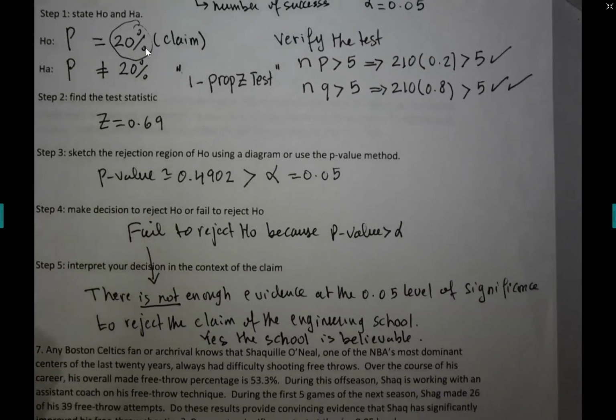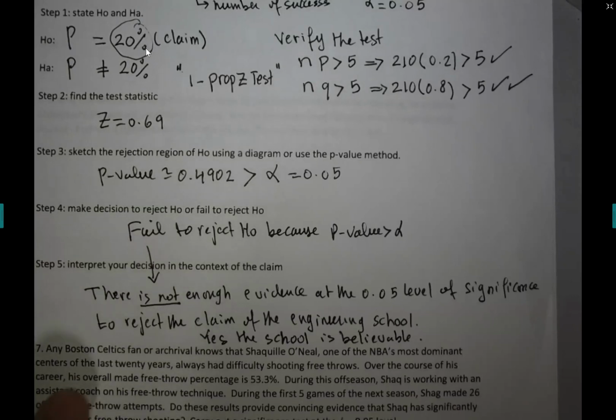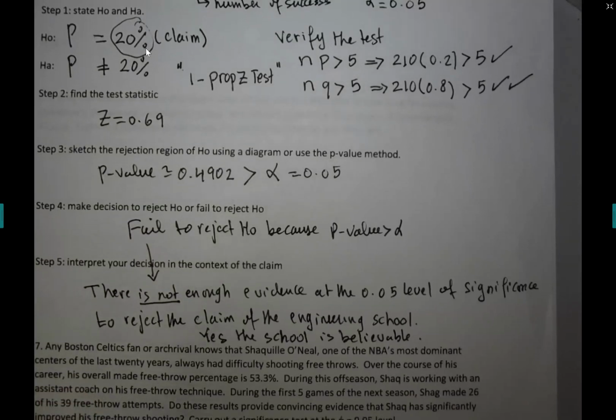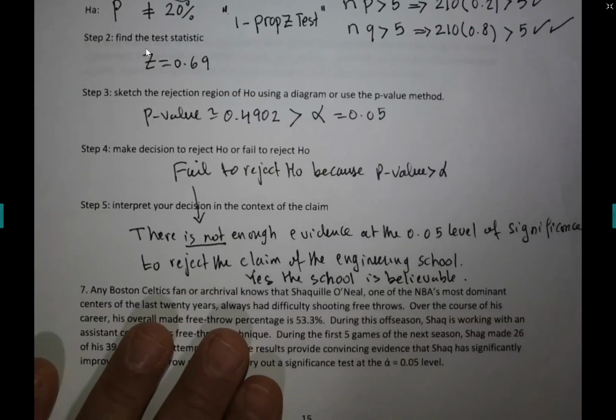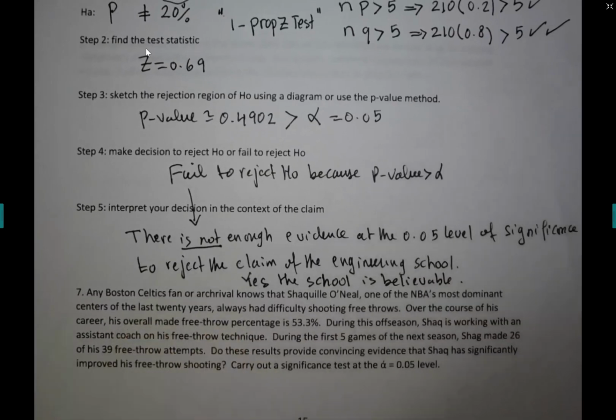All right, next one. This is a real life situation problem, guys. So I got it online, so I think it's accurate information here. Next exercise about the proportion. Any Boston Celtics fan or archival knows that Shaquille O'Neal, one of the NBA's most dominant centers of the last 20 years, always had difficulty shooting free throws.